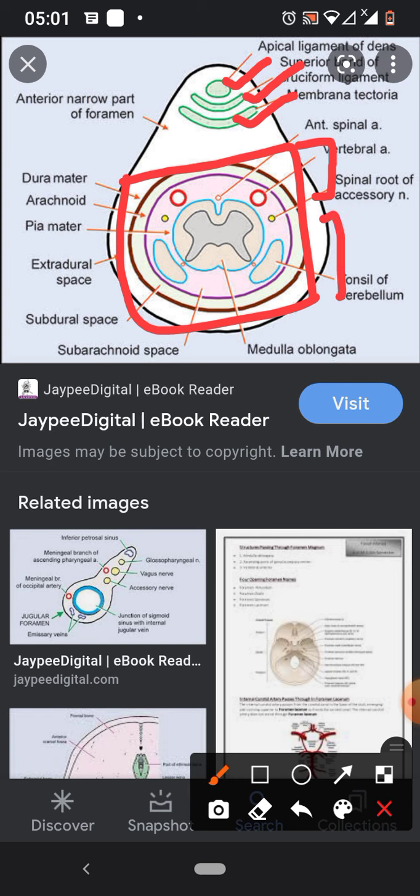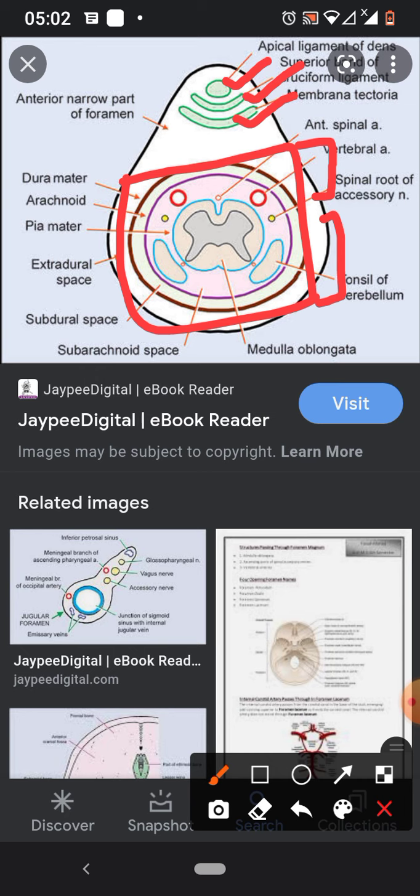If we come to the middle, basically the lower part of the medulla oblongata is here. The medulla oblongata along with the three meninges is passing through this part. And if we come to the subarachnoid space, which is the space just behind the arachnoid mater of the meninges, you know that of the three layers of the meninges, the innermost is the arachnoid.